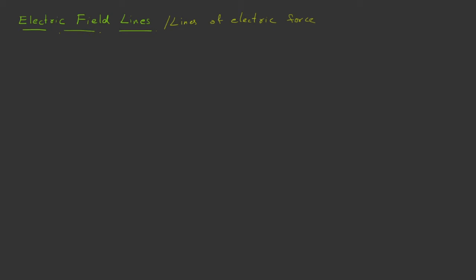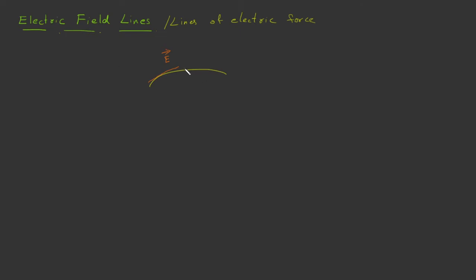Now, what is an electric field line? An electric field line is a curve drawn in such a way that the tangent at each point is in the direction of the net electric field at that point.